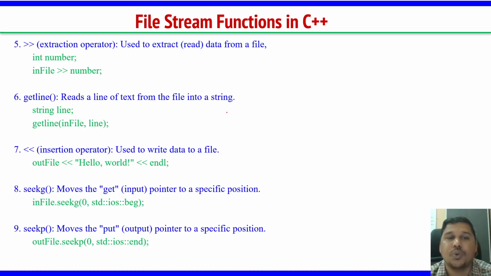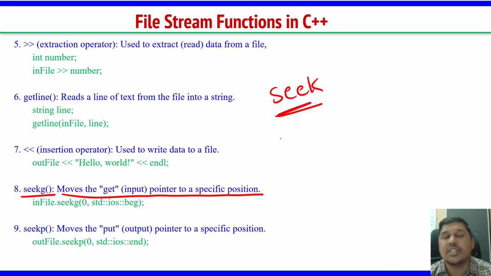Okay, let's try to understand these two things. seekg moves the get input pointer to a specific position. What is the use of the seek function? The seek function will help you move your pointer in that text file.